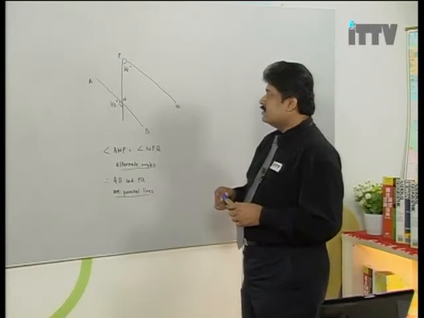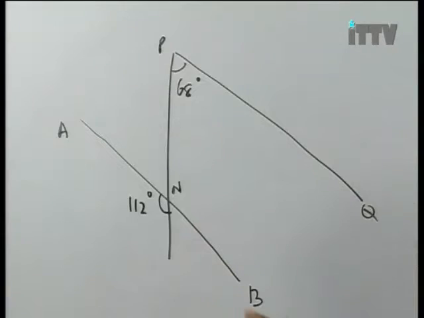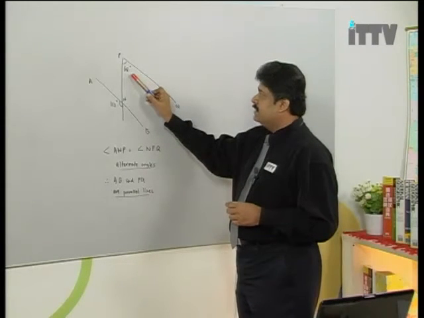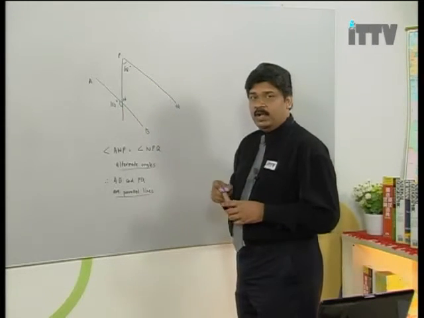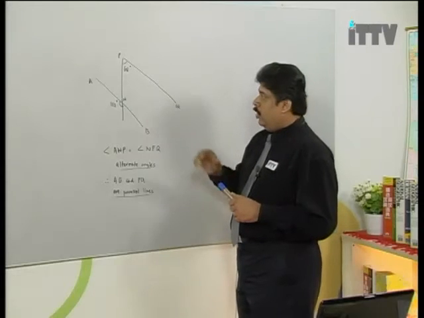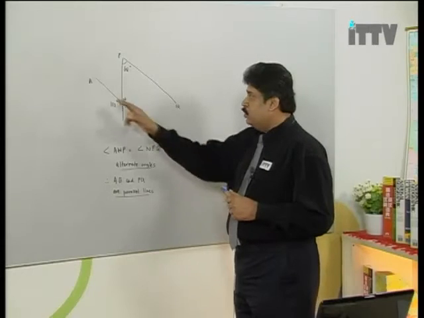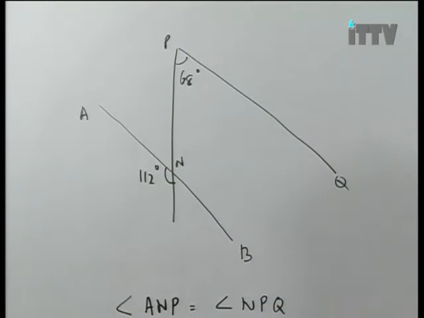The question wants us to ask whether line AB and PQ are parallel or not. If you look into the angles given, we have been given 68 degrees at the top and 112 at the bottom. Now, on closer observation, what we can deduce here is that AB is a straight line.